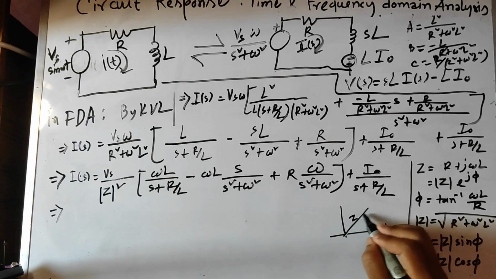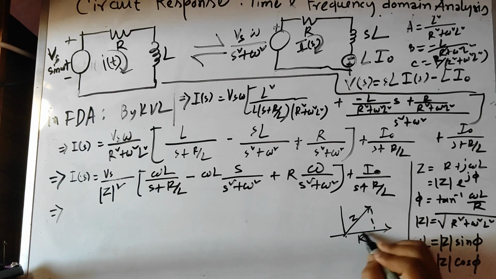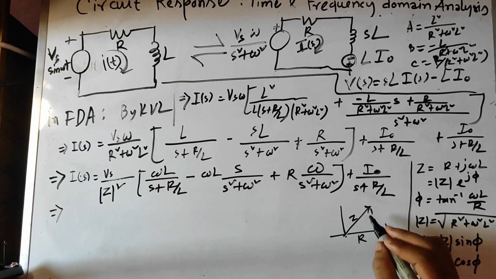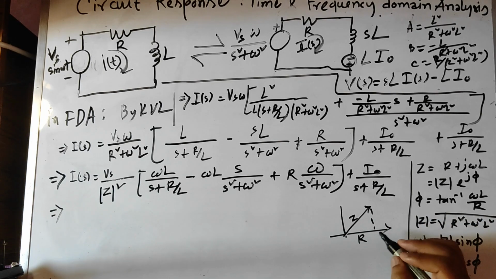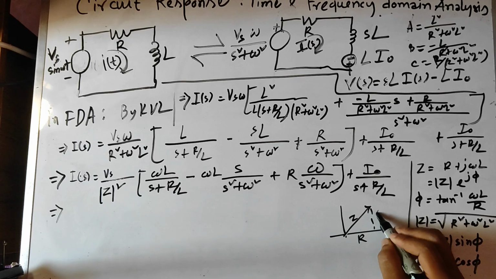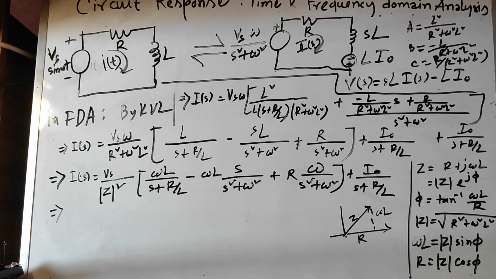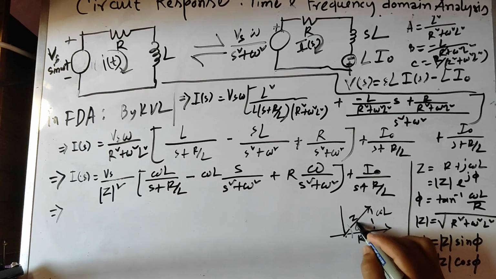If this is Z and the horizontal component is R, and this is omega L, then obviously these relations hold, and this is phi.